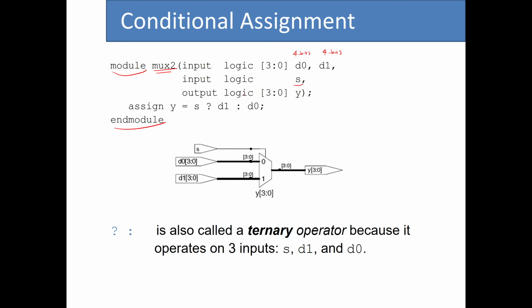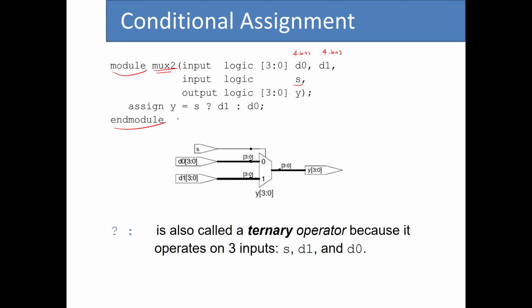Now to do this conditional assignment, if you have taken any programming languages before, you are probably familiar with the ternary operator. A ternary operator is an operator that has 3 inputs. For example, an AND is a binary operator because it has 2 inputs. A ternary operator, like the conditional operator that we have here, has 3 inputs.